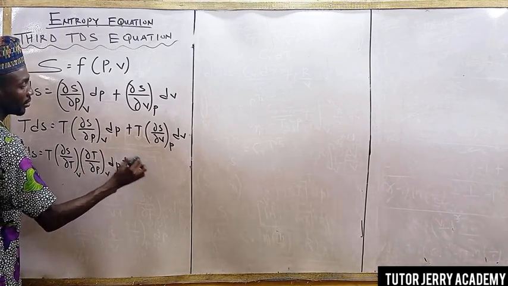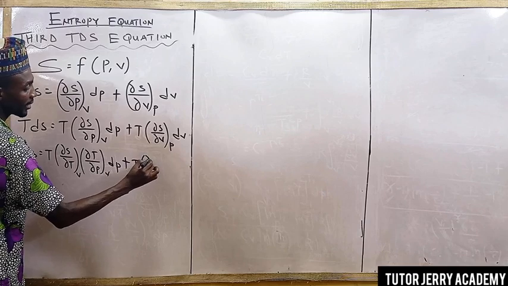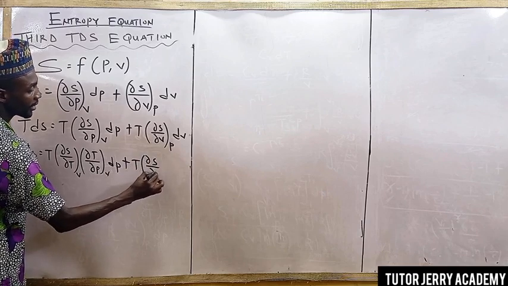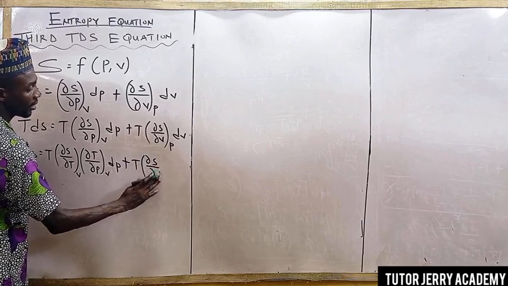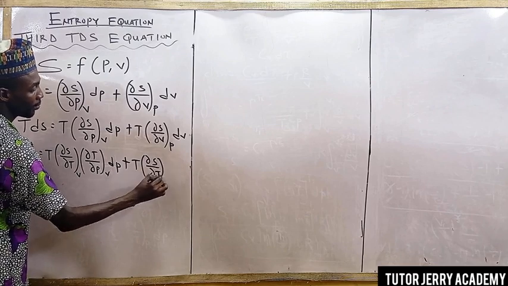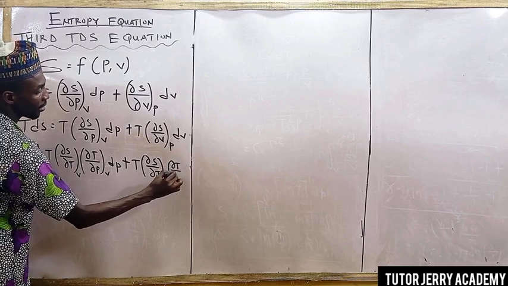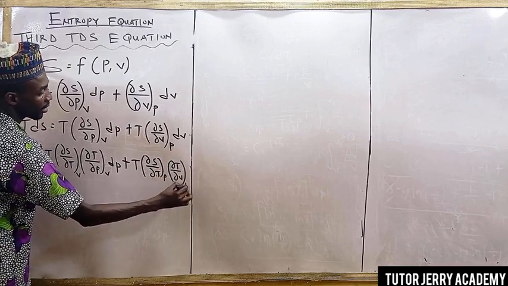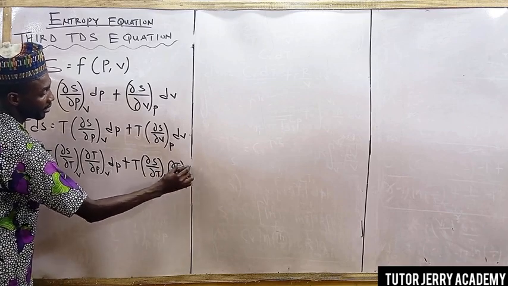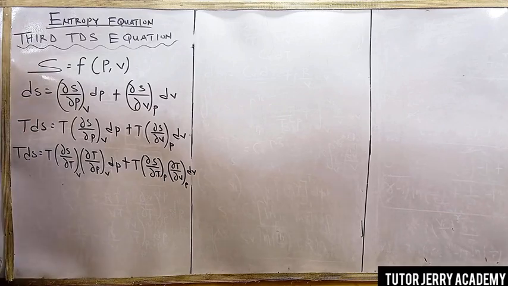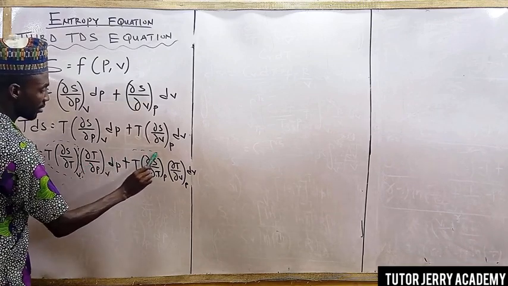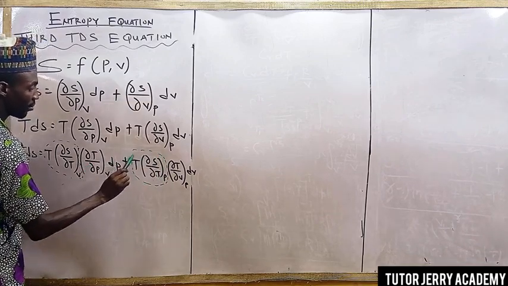Plus T, the same thing with this: partial derivative of s over the partial derivative of T, keeping p constant, times the partial derivative of T over the partial derivative of v, keeping p constant, dv. If you look carefully, this is nothing but Cv, and this is nothing but Cp.